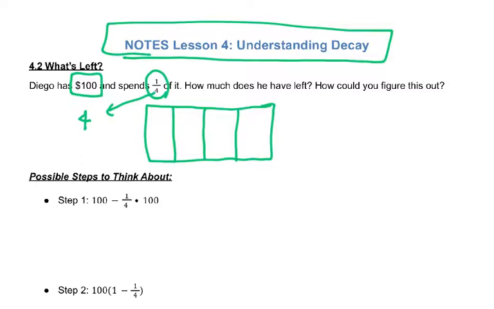And if I say that I spend one of these blocks, this one block is 1/4. That's what this means. How much is left? How much means I have 3.